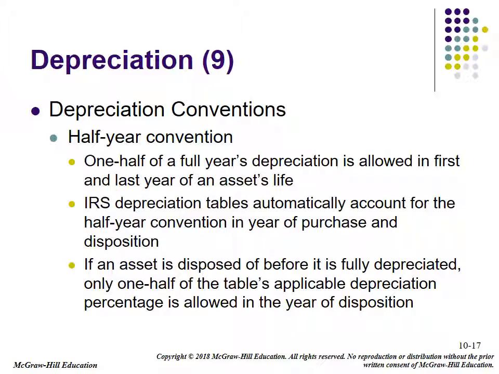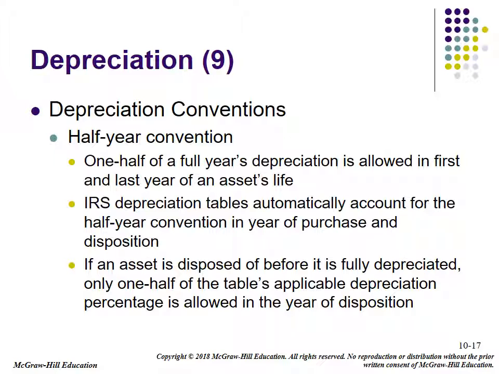So if you're a calendar year taxpayer, no matter when you bought that asset during the year, you can take a half a year's depreciation on it. And that's what the tables are already set up to do: calculate 6 months worth of depreciation, even though you may have only owned it 2 months or 4 months or 12 months. You only get a half a year in the first year.